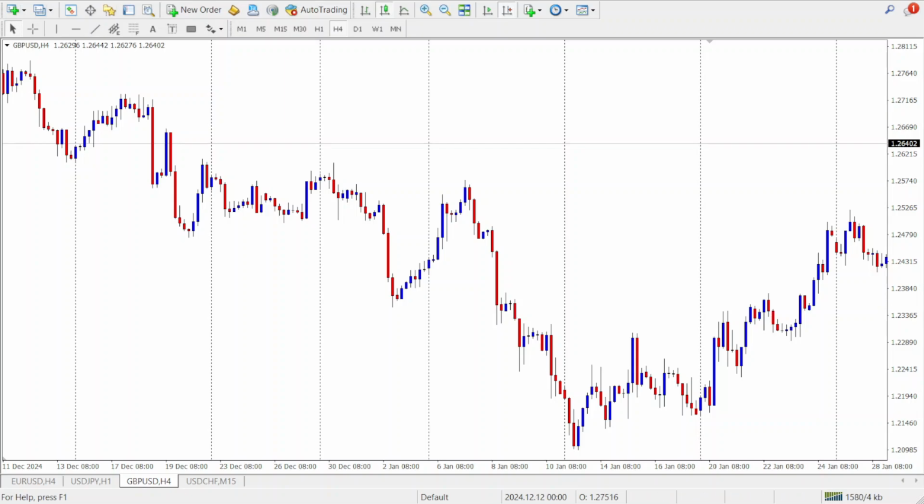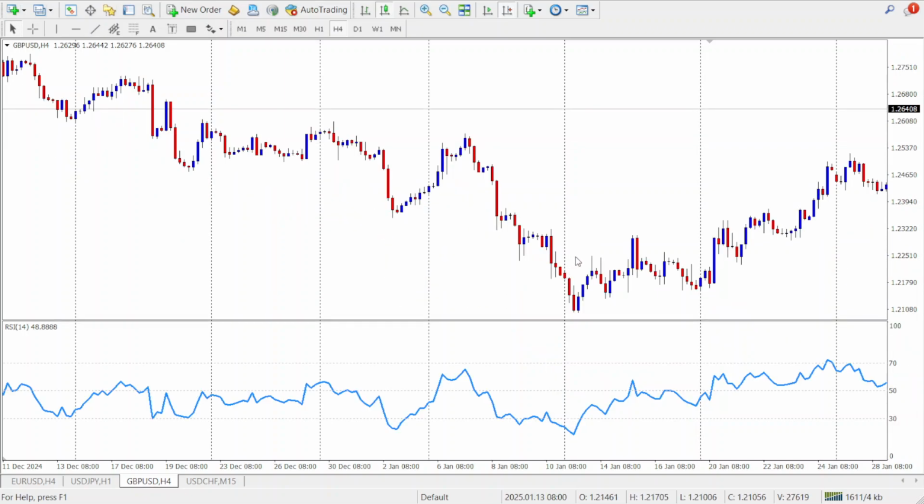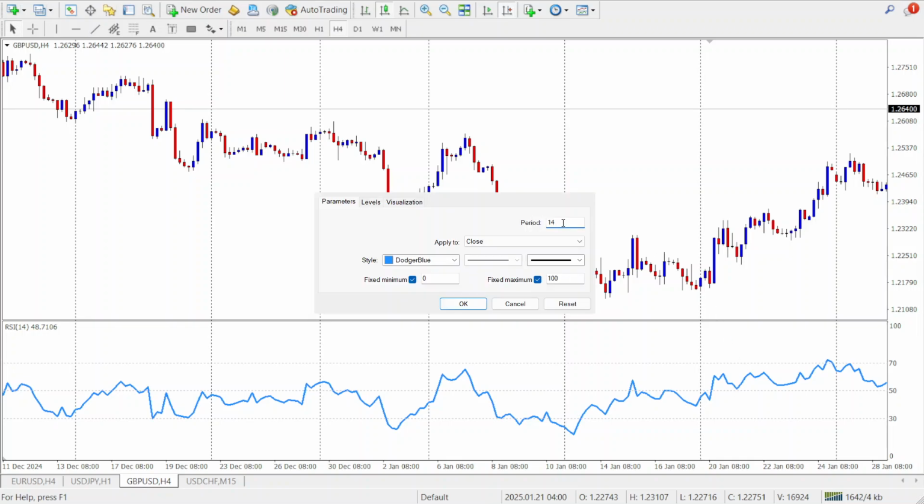First of all, let us talk about RSI, or the relative strength index. Now, this indicator measures price momentum by comparing the average gains and losses over a set period, typically 14 periods.